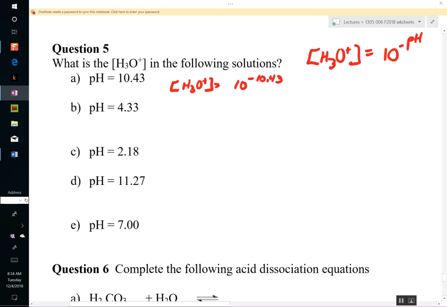Okay, now here's where you use your 10 to the x key, and it's usually a secondary function on the calculator, but find that function on your calculator. It's usually right above the log key because it is the antilog. It's the opposite of the log. And that's why they usually put those two functions on the same key.